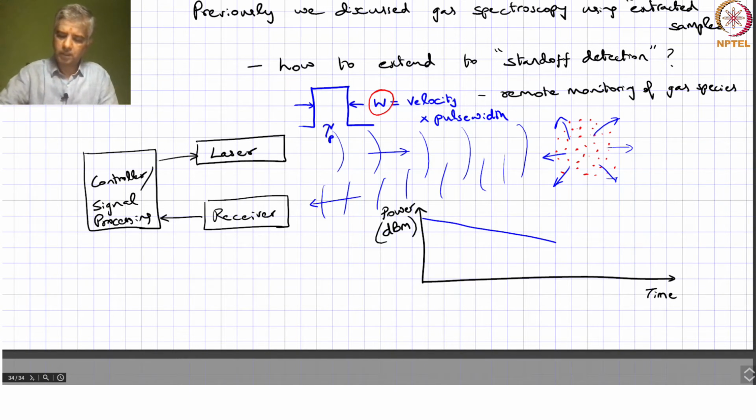That's because it goes down as a function of e to the power minus alpha times z, where alpha is the attenuation in this medium. So the power will keep going down because it's getting more and more attenuated. And at the point where this species is present, you will see some extra loss.